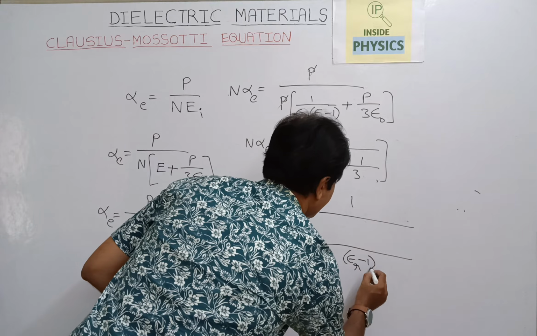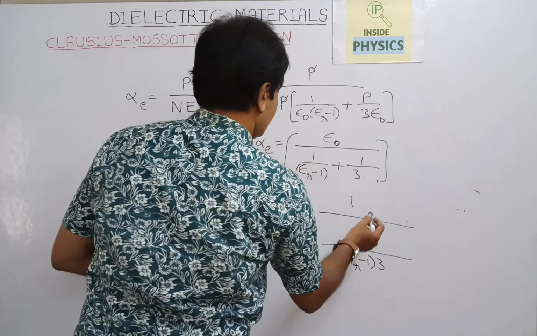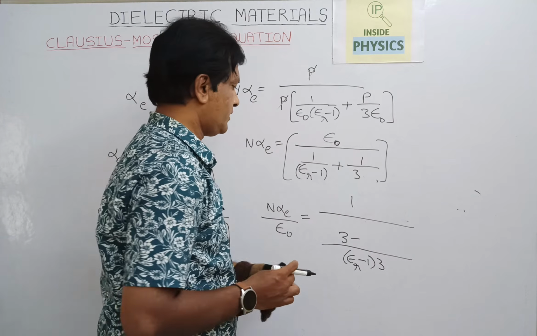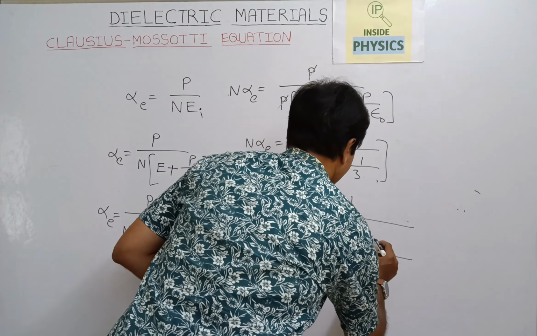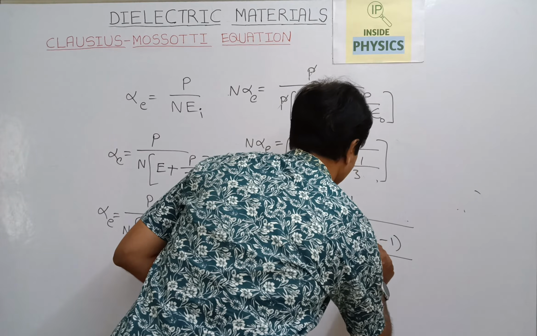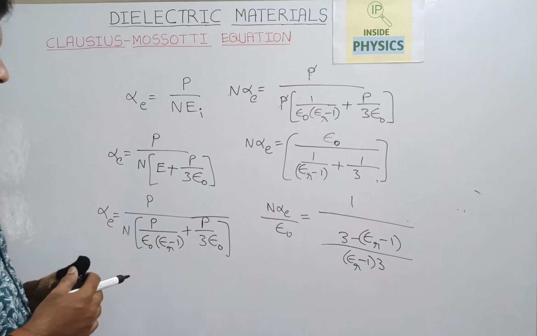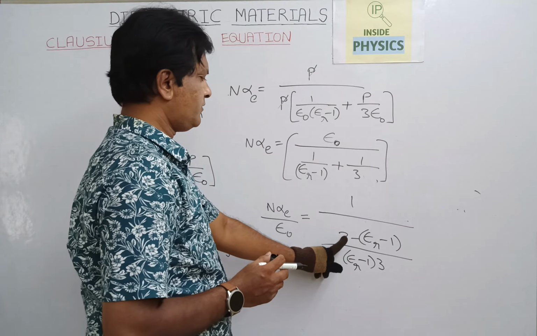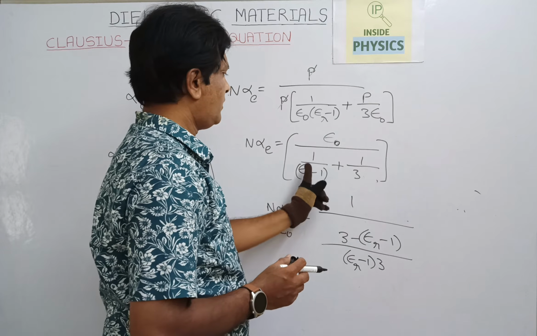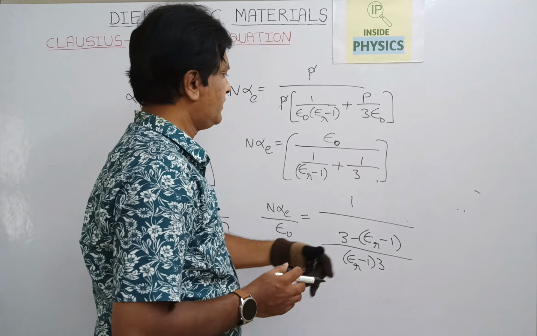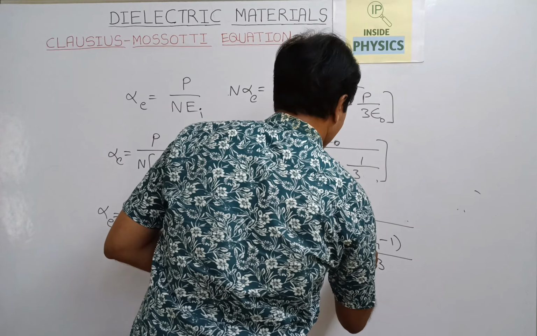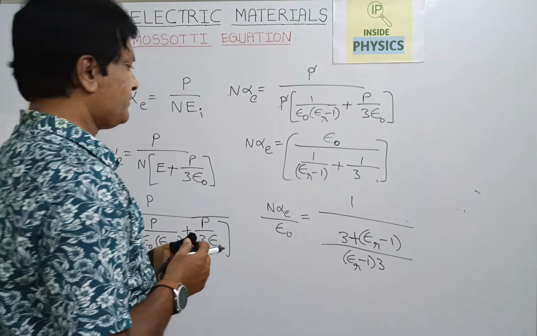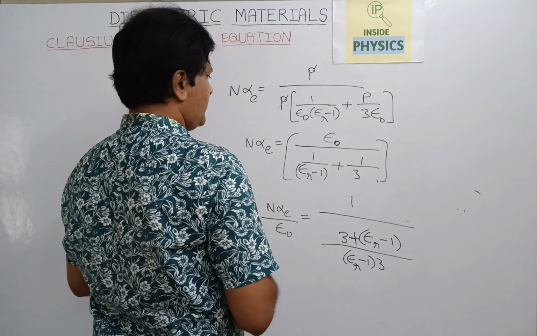Epsilon r minus 1 into 3. So this will become 3 minus, see, epsilon r minus 1, right? Here if you observe, this will become epsilon minus of 3, and here I will write it as plus. What is the LCM here we are taking?